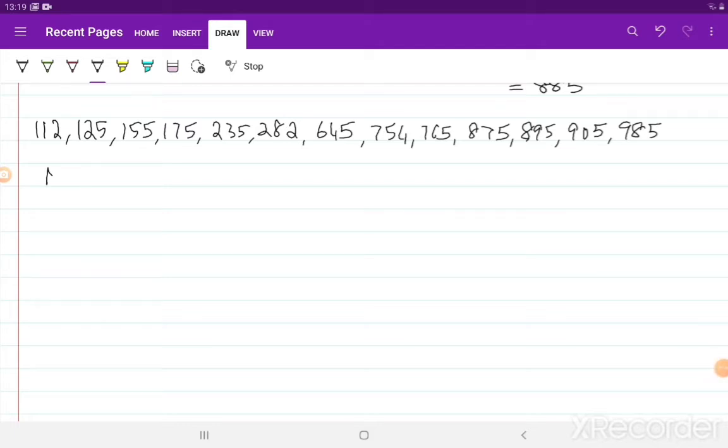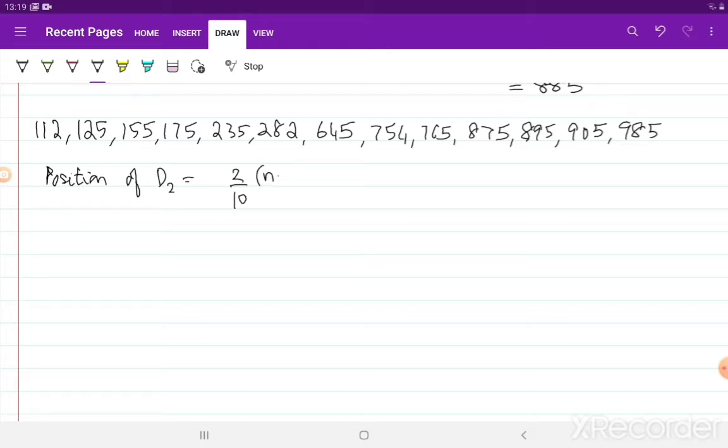Next, we have been asked to find the partition value of the second decile. Now, if you remember, the second decile will have 2/10 of the total observations below the value.